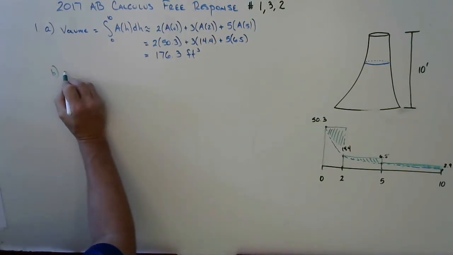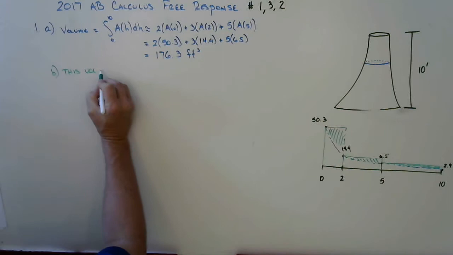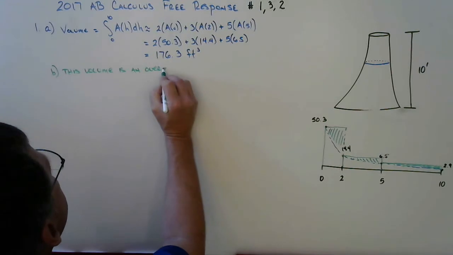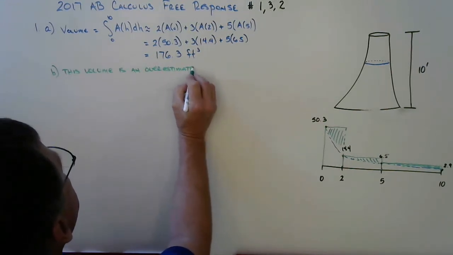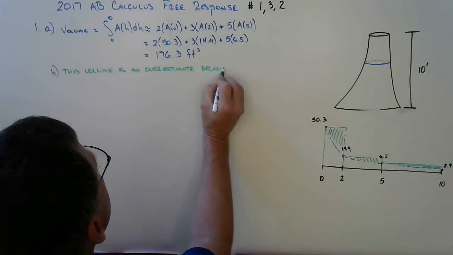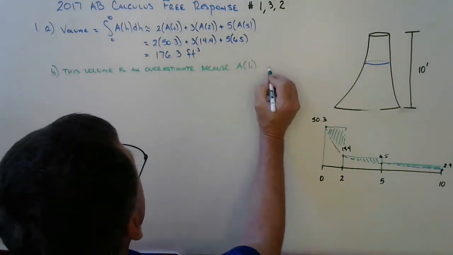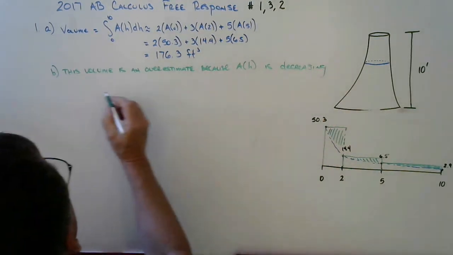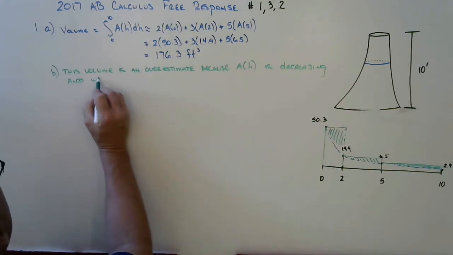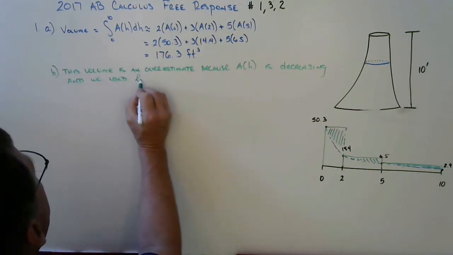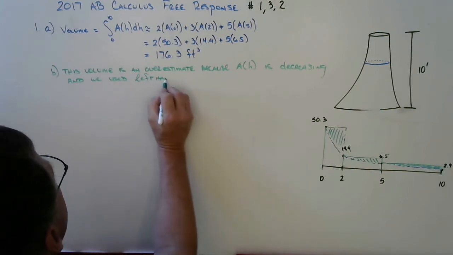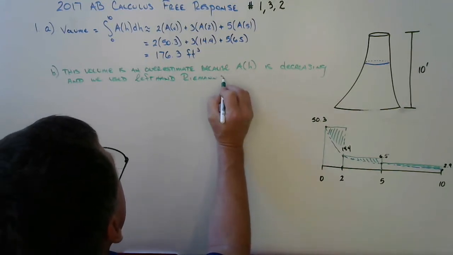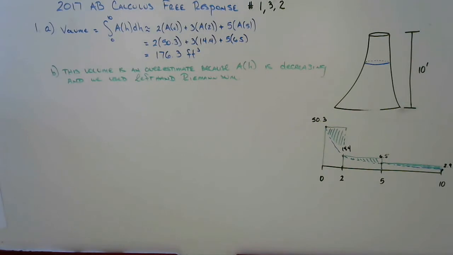Part B, we would say this volume is an overestimate because A of h is decreasing and we used left-hand Riemann sums. All right, so that's part B.